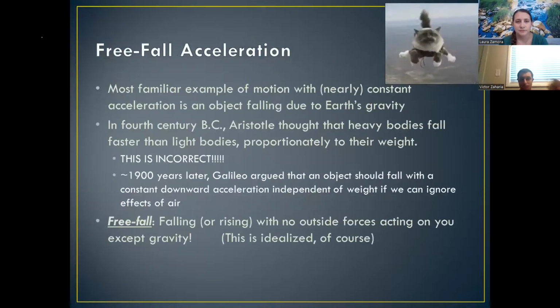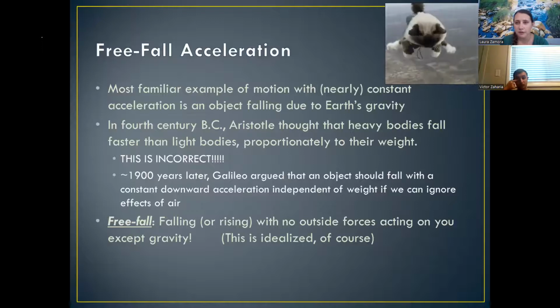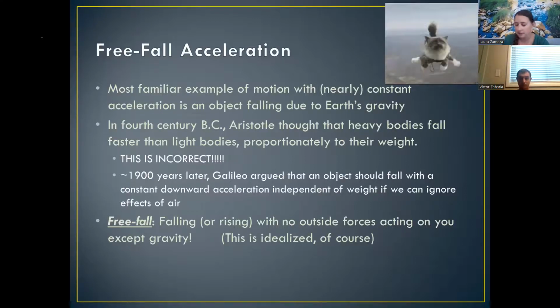Woohoo. Okay. So free fall acceleration. The most familiar example that we have of motion that has a nearly constant acceleration is just an object falling down. When it's falling down, it's under the influence of Earth's gravity, right?